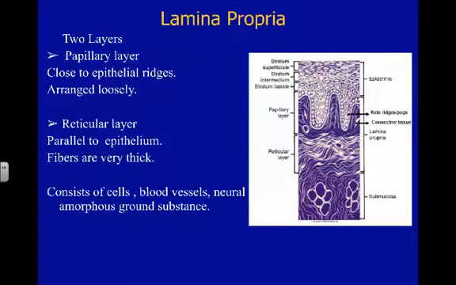I'm reminding you. The lamina propria essentially has two layers, a papillary layer, which is by the rete pegs, and a reticular layer, which is parallel, which essentially is really, fibers are very thick and run parallel.